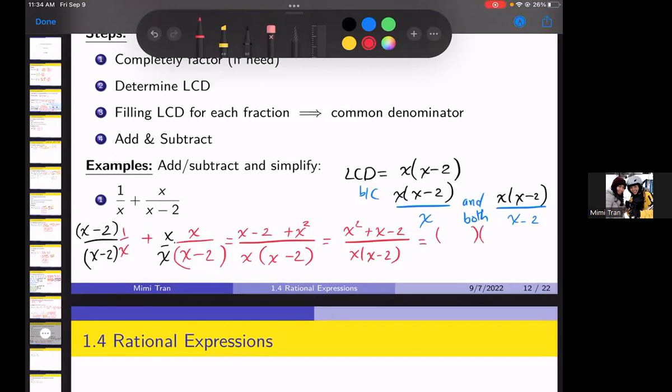Can someone factor the top for me? It's the easy one. I expect you to be able to factor this by now. Okay, thank you. It's not simplified, it's okay, leave it like that.